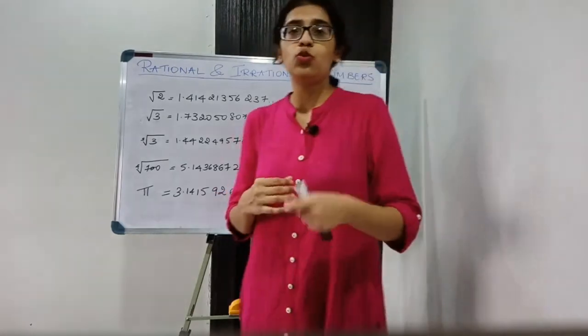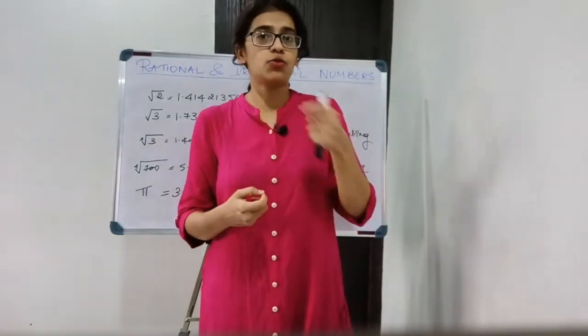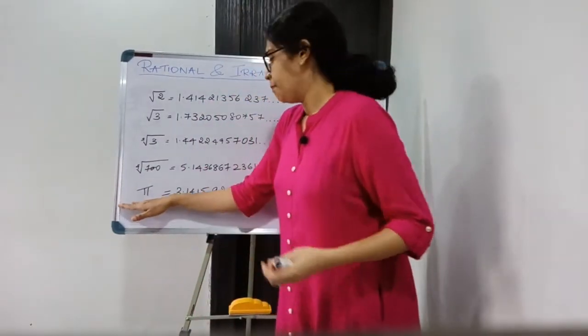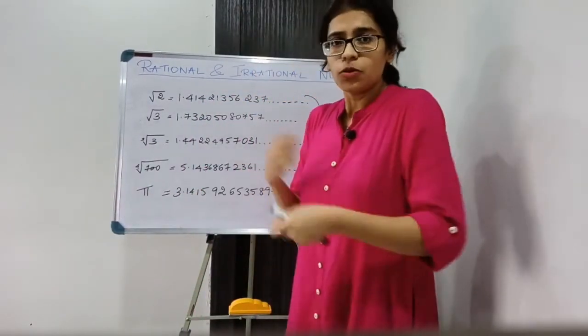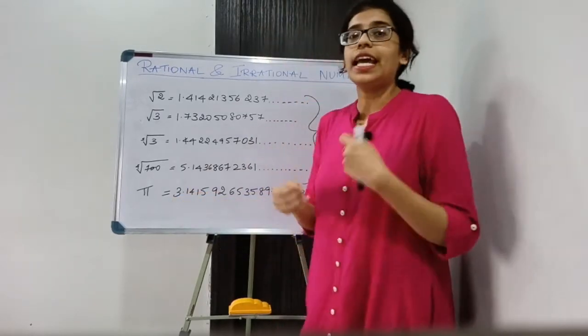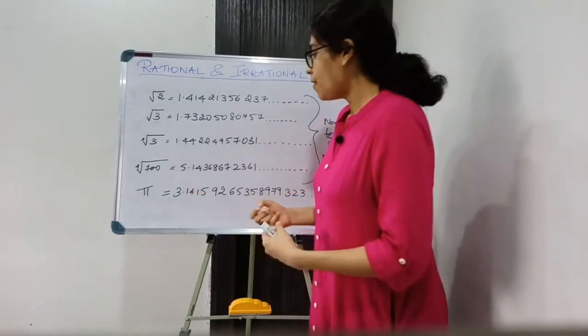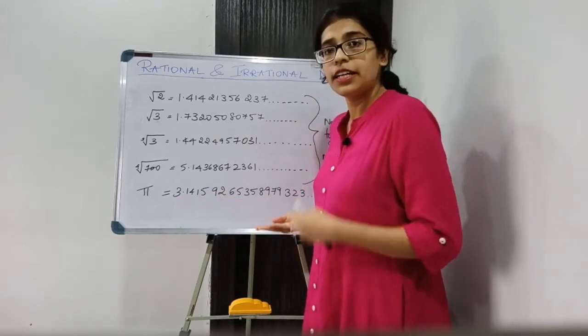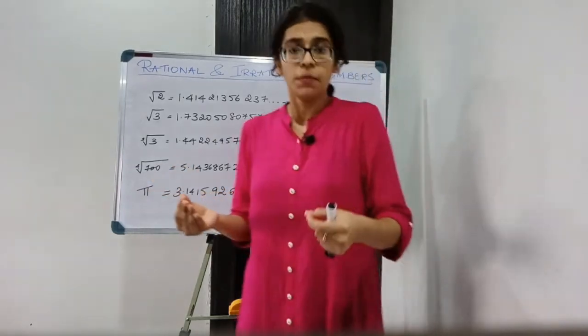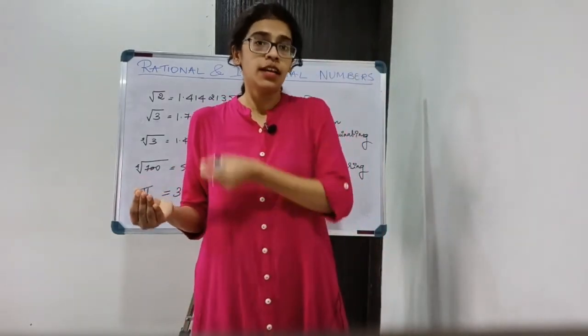Pi that we use in calculating areas, volumes, finding circumference. So for this pi, we consider a rounded off value, right? But the exact value is non-ending. It is an irrational number. It is non-terminating. It is non-recurring. So pi, always keep in mind, is an irrational number.